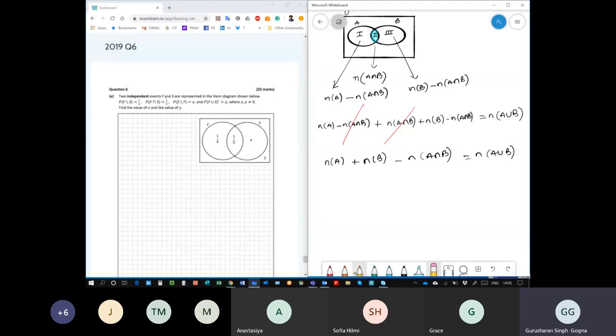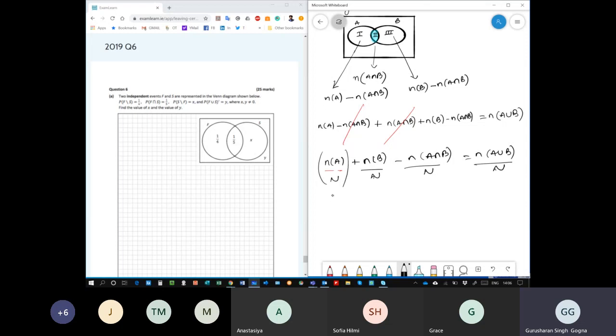So if I now divide each term by the total number of elements, let's say capital N, mathematically I can divide everything by capital N. So what will happen then?